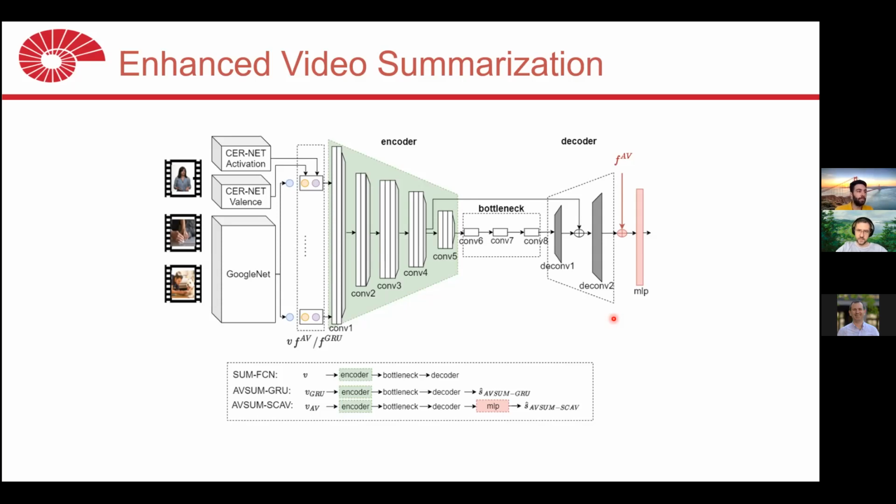Initially we try to see the effect of early fusion of the affective information that we are extracting. First we tried the affective attributes, which are arousal and valence, and in another experiment we tried the GRU embedding. We append these additional features to the output of GoogleNet, and we see that the GRU embeddings work better.